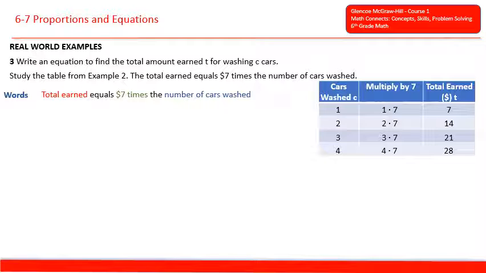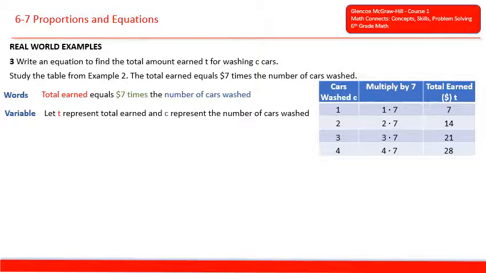So that's pretty basic, right? They're charging $7 per car. Variable: let T represent the total earned, and C represent the number of cars washed. Equation: T equals 7 times C, or total earned equals 7 times the number of cars washed.